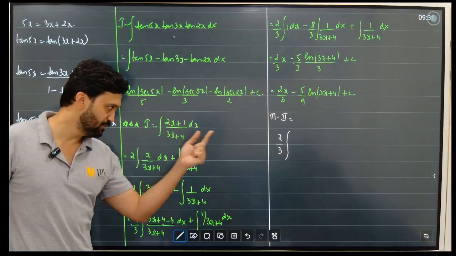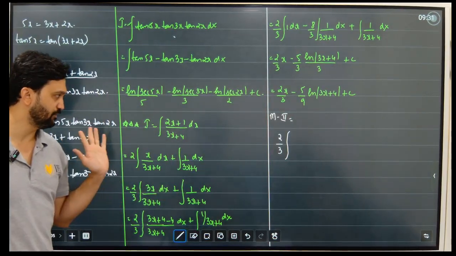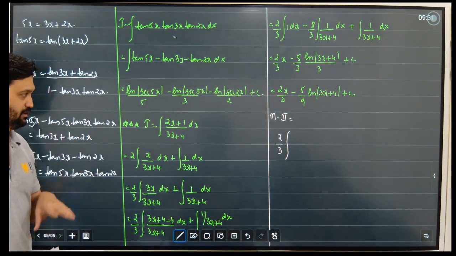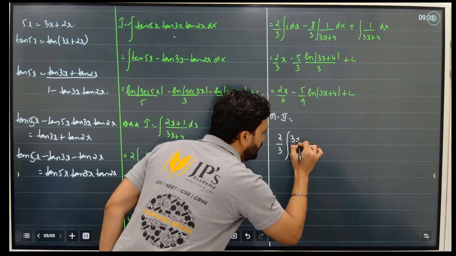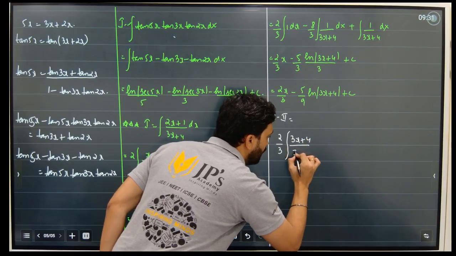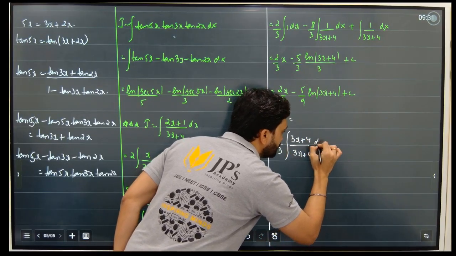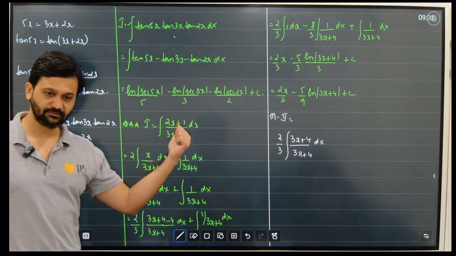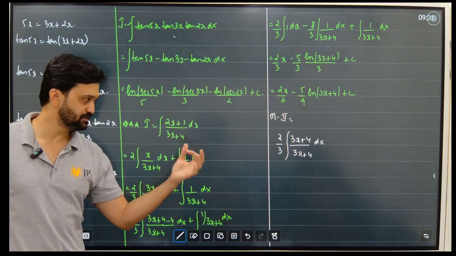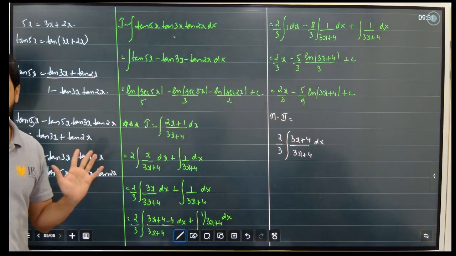Coefficient of x in the numerator, coefficient of x in the denominator, every time, into integration denominator upon denominator dx. I repeat again. Coefficient of x upon coefficient of x, integration denominator upon denominator.